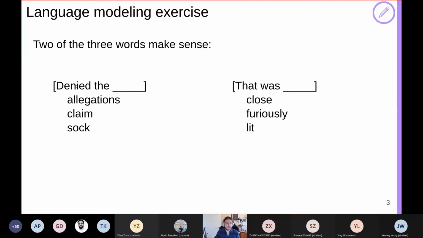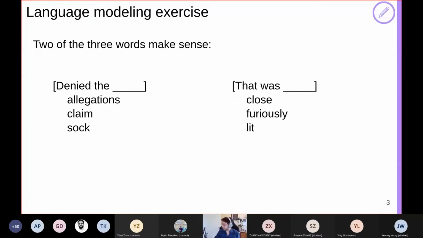For example, here, deny the, you would naturally see that probably allegations is fine. It's a word with a high probability to appear after those two words. And you have deny the claim. Claim would also be quite high probability to appear after that. Yes, could be amongst others. But deny the sock, probably sock is going to be a word that doesn't appear as much following those two words. Deny the sock. Who denies the sock? Deny the sock to what? It's a bit more weird.